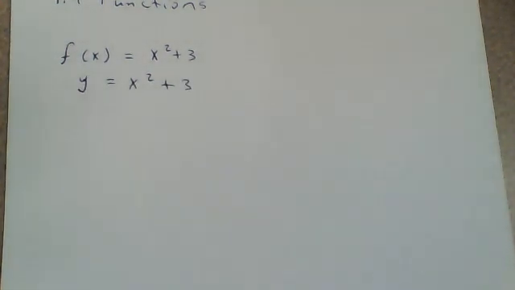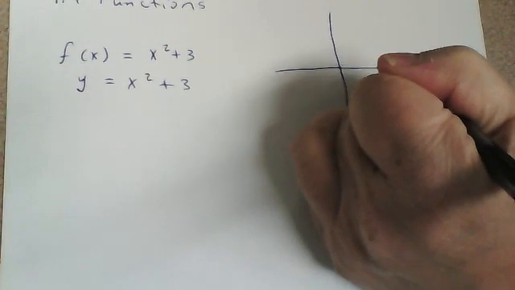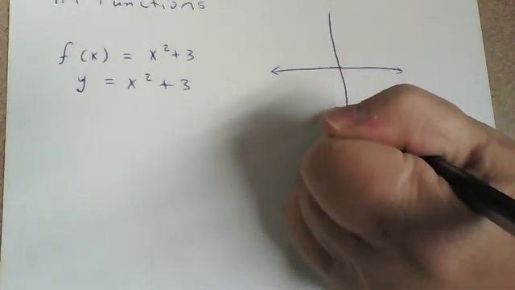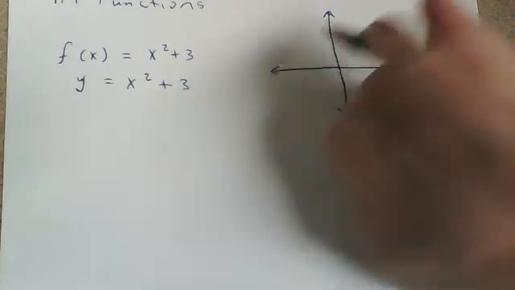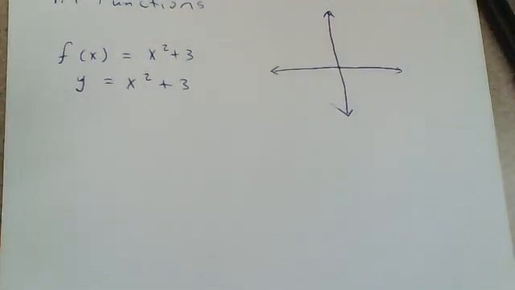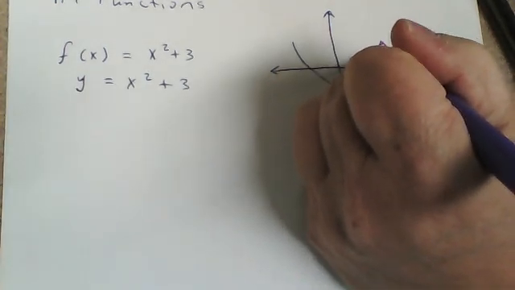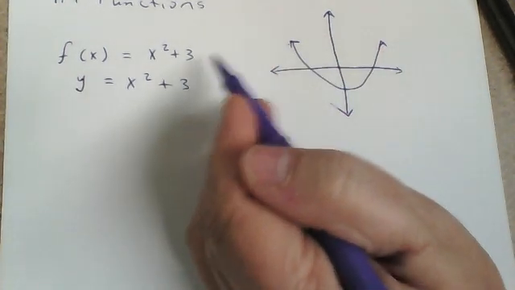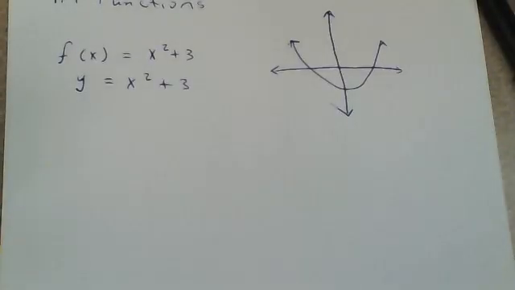The ways we test for functions, we can test graphically, right? So if I have a graph of something, let's say I have something that looks like this. That's my graph. It would probably start up there at plus 3 if I was graphing the actual equation we have before us.